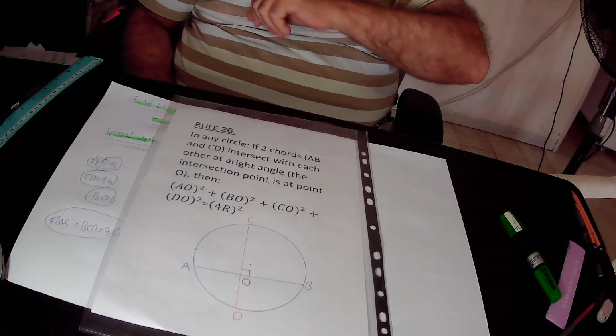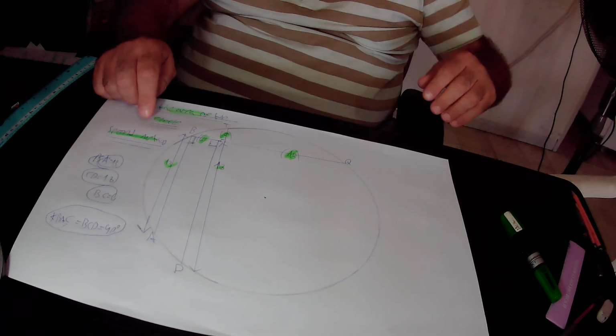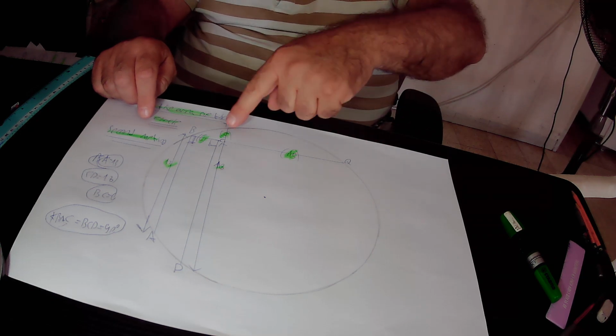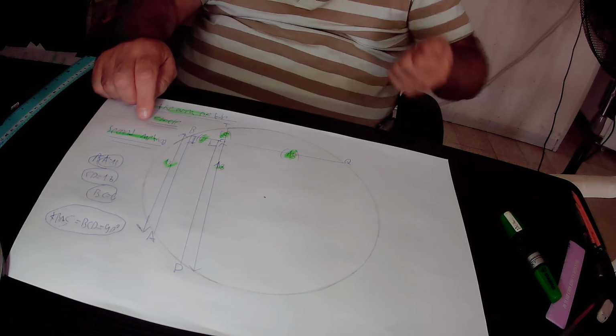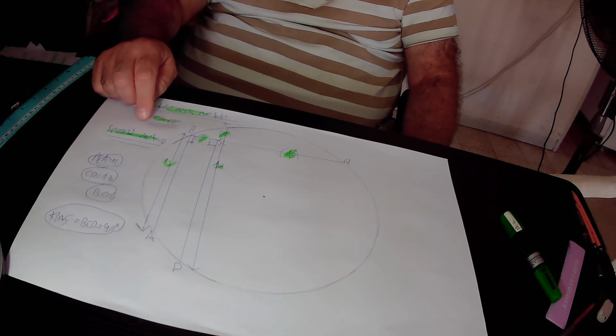So we can implement rule 26 in our drawing. Why? Because in our drawing, as I already mentioned, chord TD intersects with chord BQ at point C at 90 degrees. So all the requirements for rule 26 are satisfied.